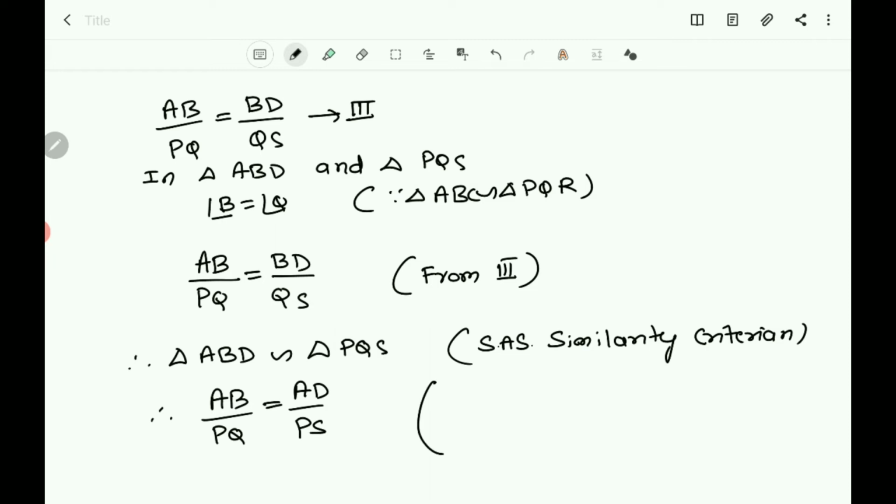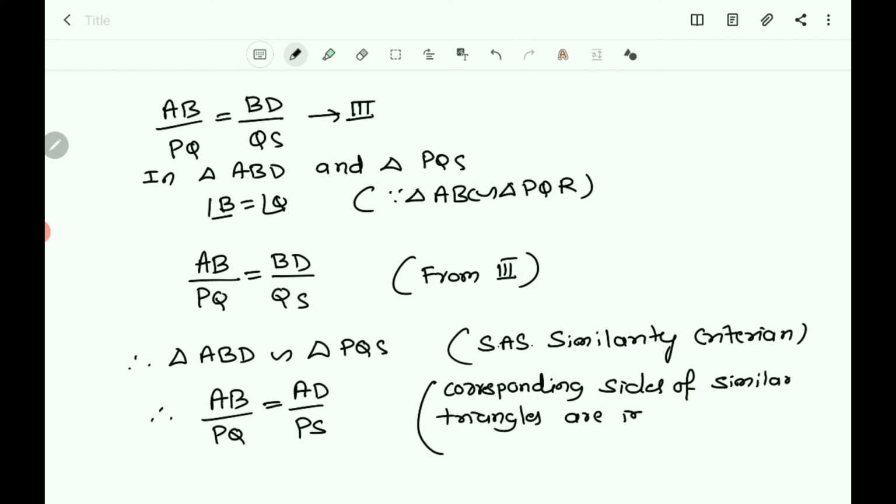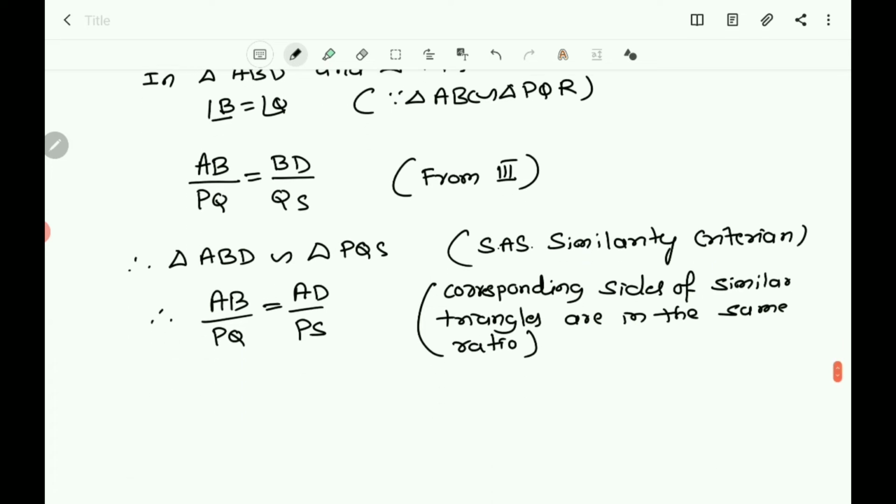You know that the corresponding sides of the similar triangles are in the same ratio.